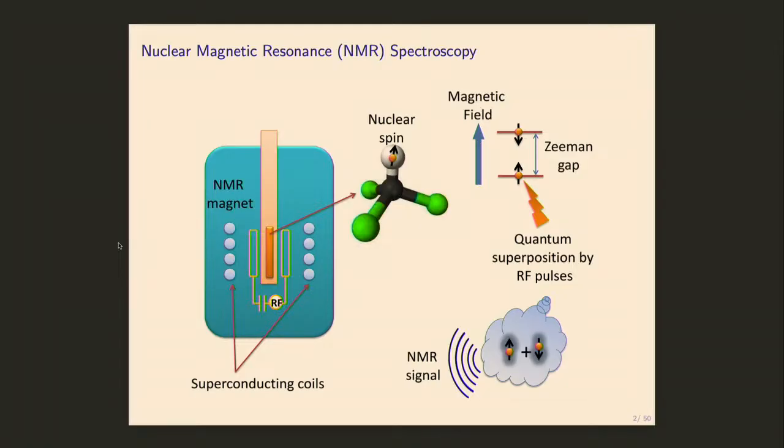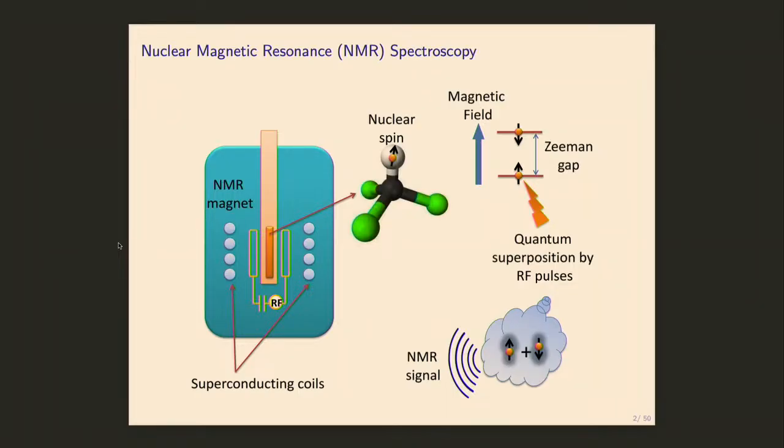The parallel state will have lesser energy: H equals minus mu naught B, that's the Zeeman interaction, where mu naught is the magnetic moment. So m equals plus half will have lesser energy, and m equals minus half will have higher energy. We can assign plus half an up arrow, and minus half a down arrow, and there is an energy gap. That is the Zeeman energy gap.